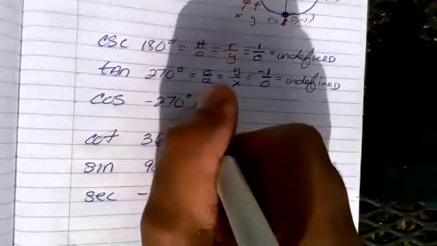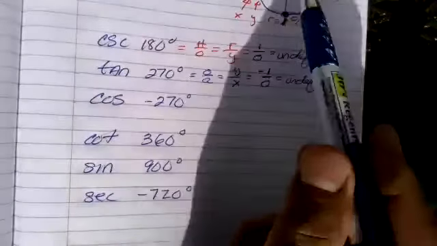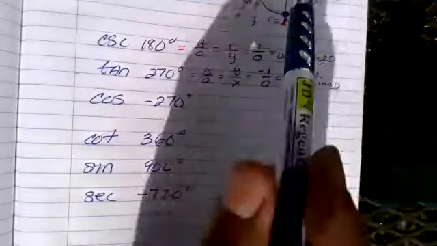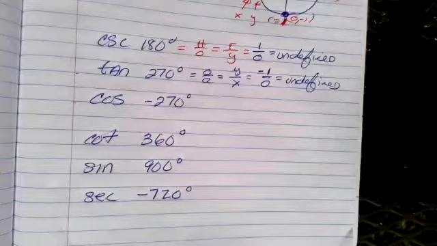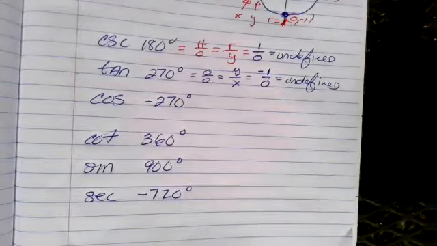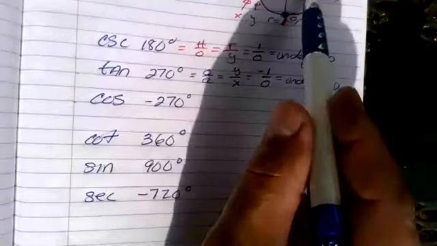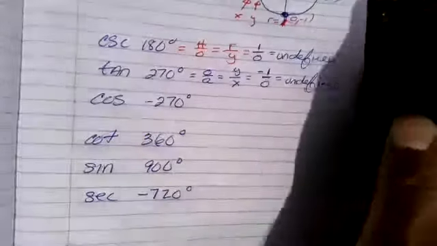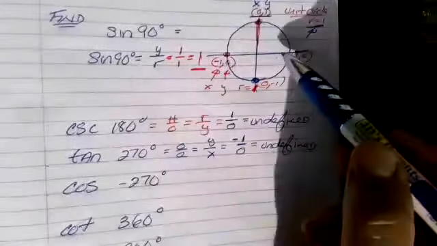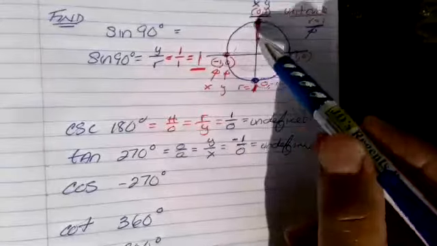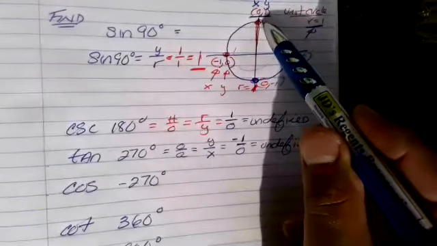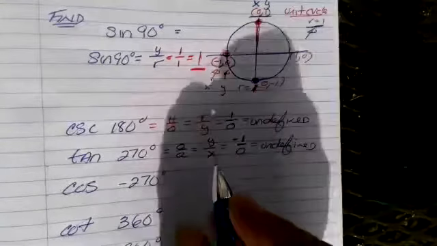Cosine of negative 270. Well, where would negative 270 be? Negative 270 is the same as 90 degrees. You could say it's a coterminal angle to 90 degrees, because negative 270 goes right to there. So negative 270 is up here at 0, 1.